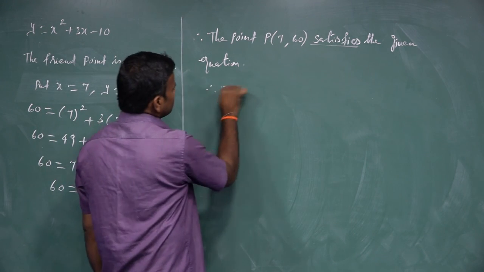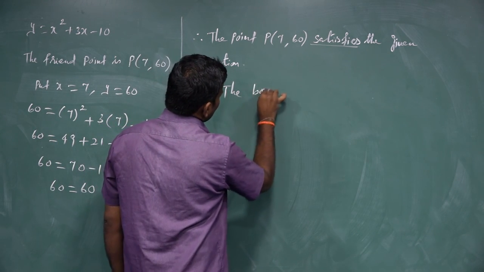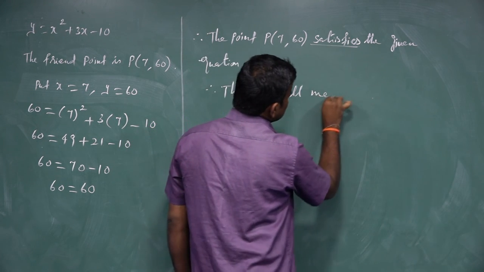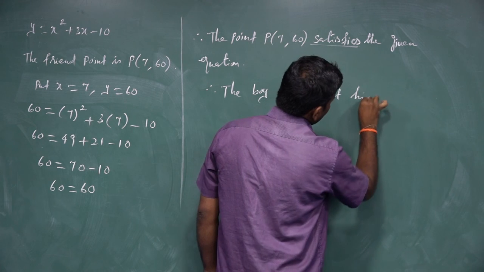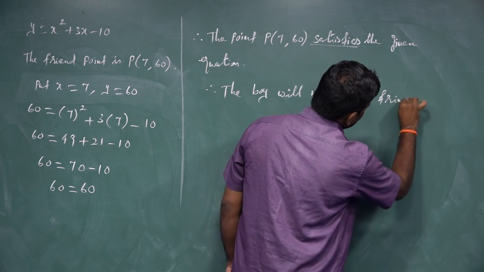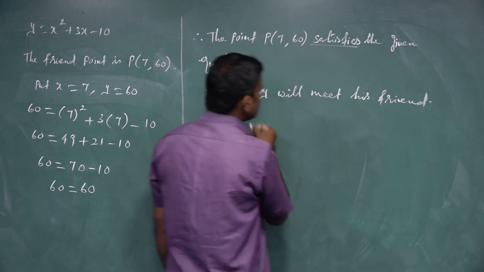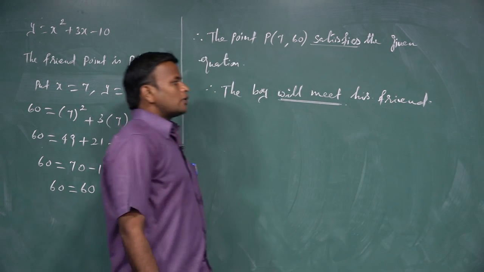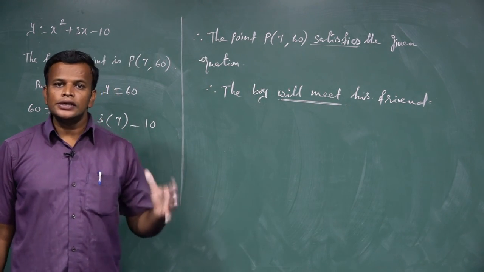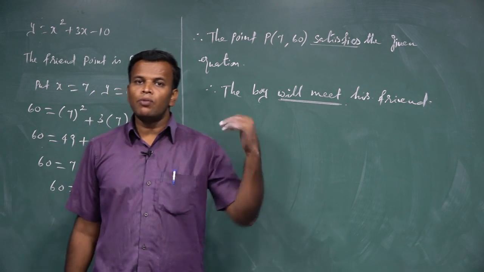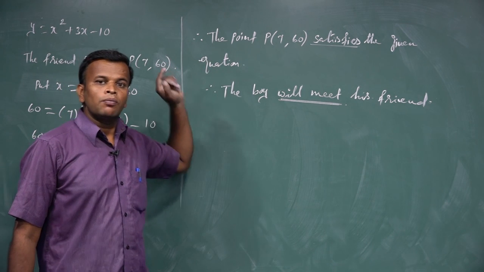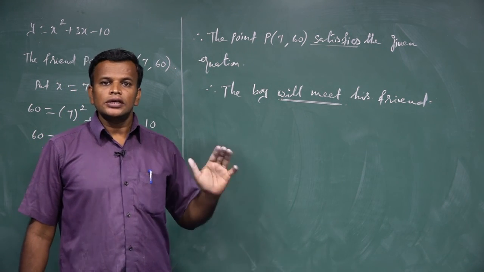Therefore, the boy will meet his friend. That is the question: the boy will meet or does not meet. The friend's point also lies on the same path of the boy. The point satisfies the given equation. Therefore, the boy must meet his friend.